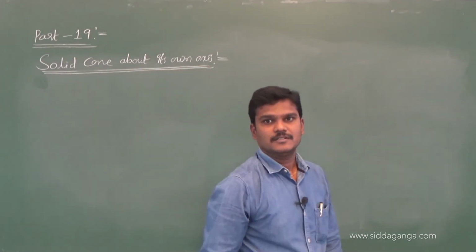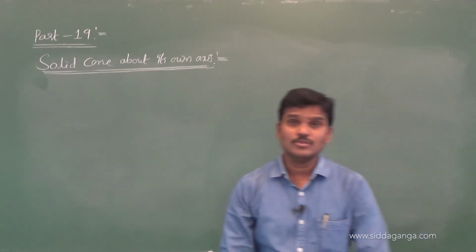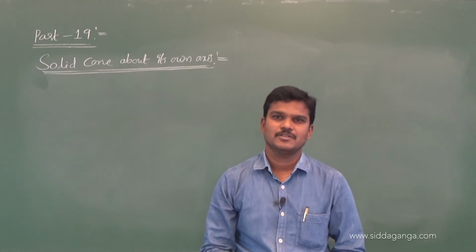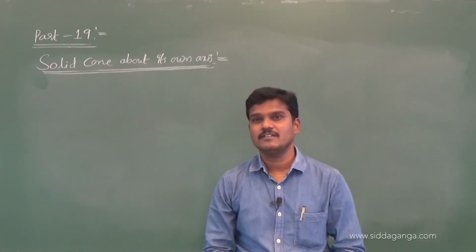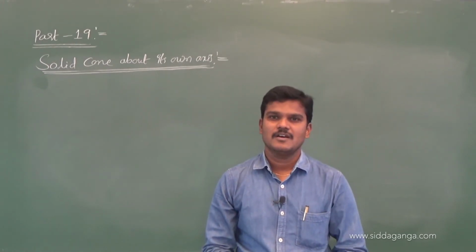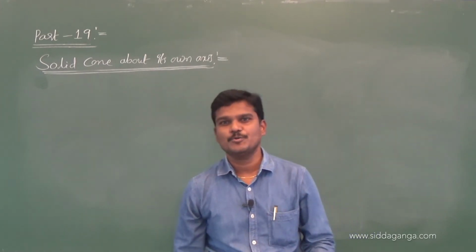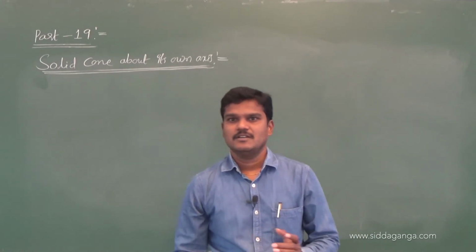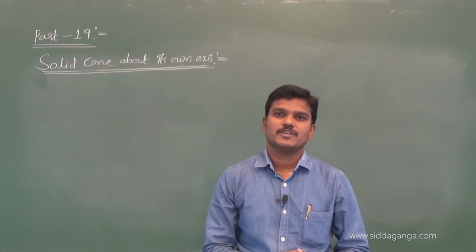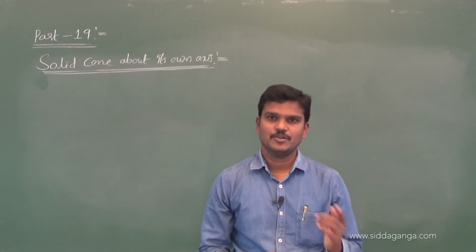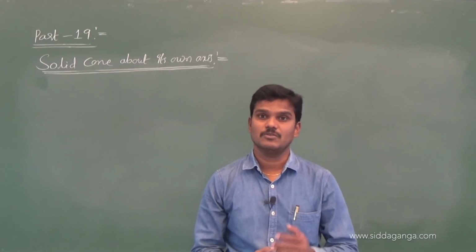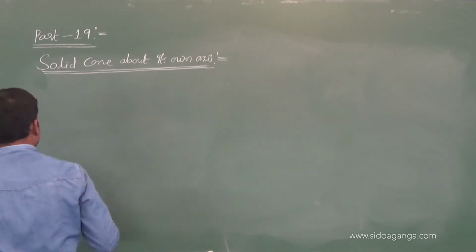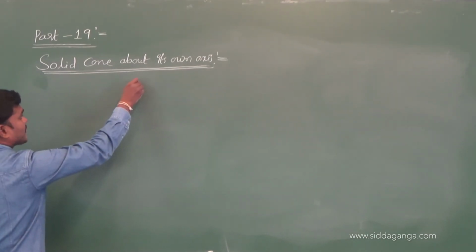See, given a solid cone whose height is h and whose base radius is capital R, and the solid cone will have a volume density rho. You know the volume of the solid cone is 1 by 3 pi r square h. I hope you remembered the volume of the solid cone, 1 by 3 pi r square h. Now see, they have given a solid cone like this.